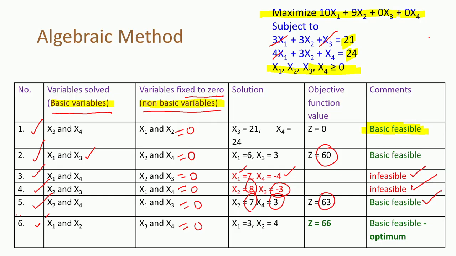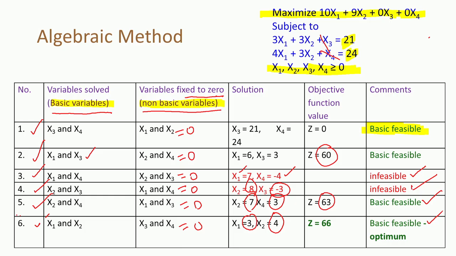The sixth and the last one is we solve for x1 and x2 by eliminating x3 and x4. So, when we solve 3x1 plus 3x2 equal to 21, 4x1 plus 3x2 equal to 24, we get a solution x1 equal to 3, x2 equal to 4, which is also basic feasible.